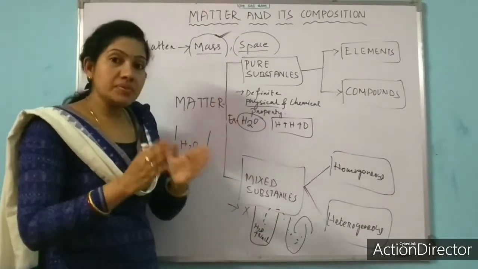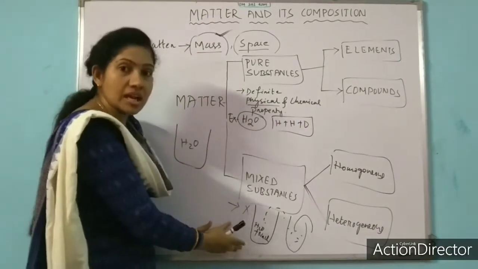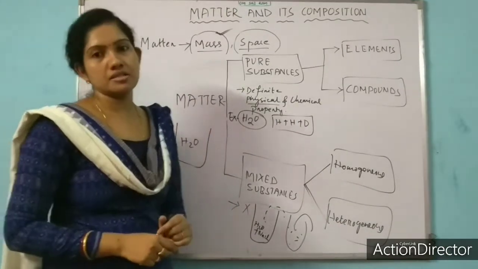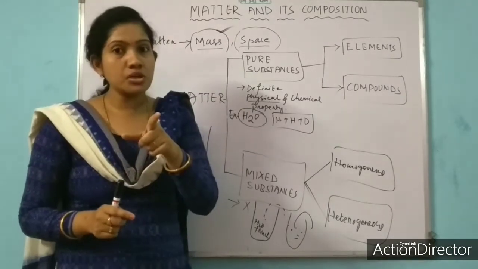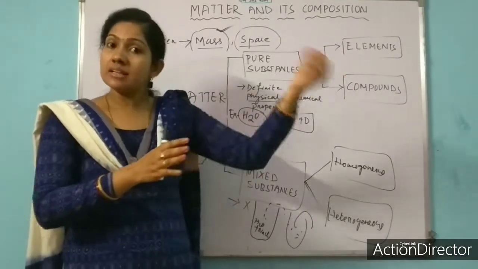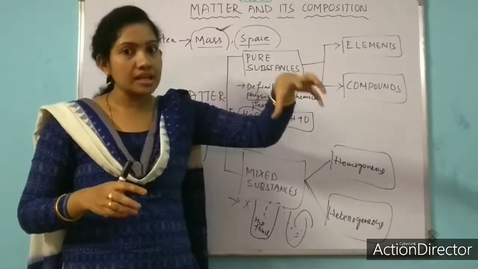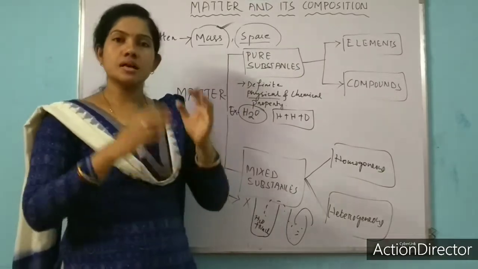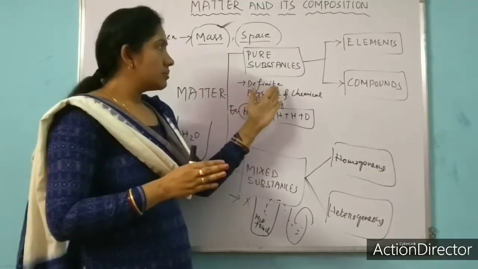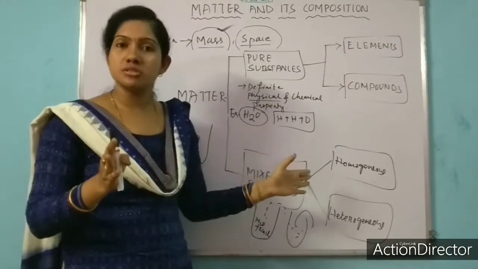Means the physical and chemical behavior of the first glass will vary from the second glass, because the first glass has only one teaspoon of salt, but the second glass has more salt in it. That's why the physical and chemical behavior of the second glass will vary from the first glass. So this is the major difference between pure substances and mixed substances or mixtures.